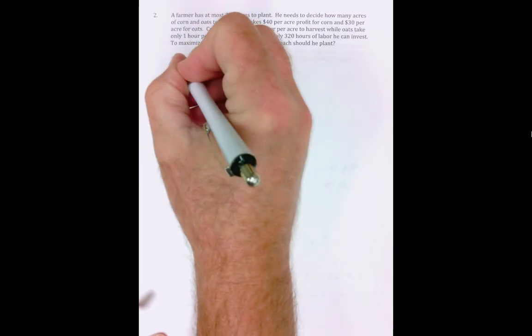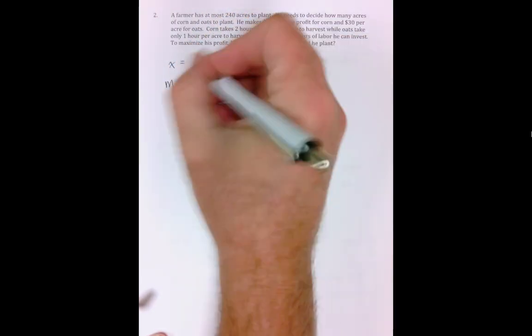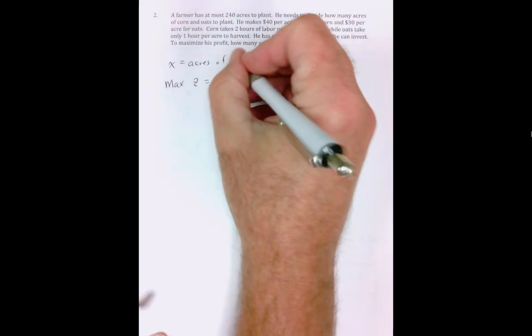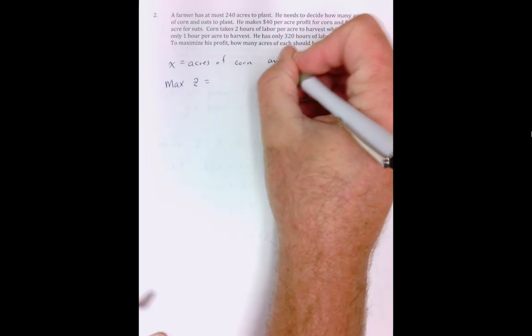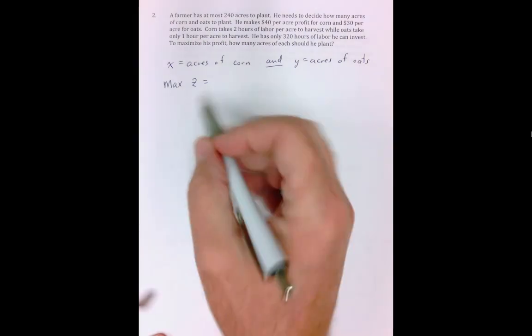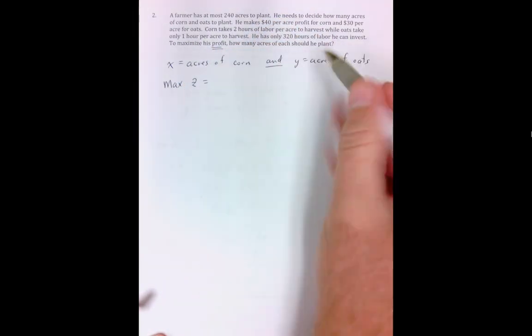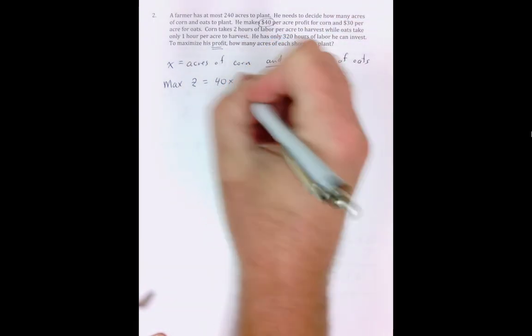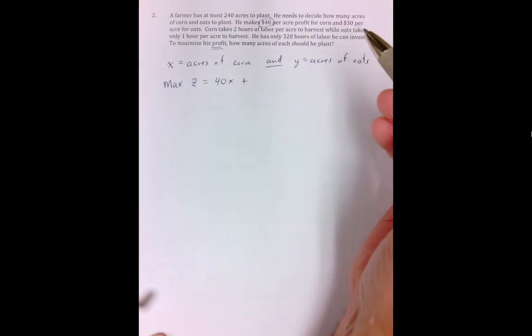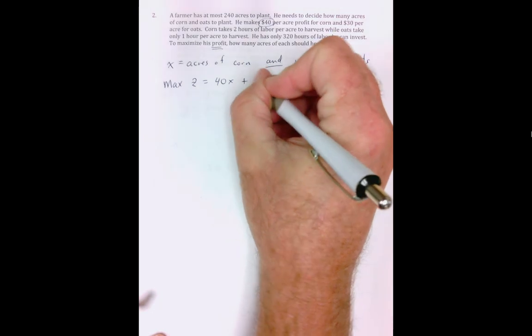Now, it looks like X is going to be acres of whatever we're given first, corn, and Y is going to be acres of oats. All right, so we want to maximize Z. We're going to maximize the profit. And we see that we make $40 of profit for corn, and we make $30 profit per acre of oats.